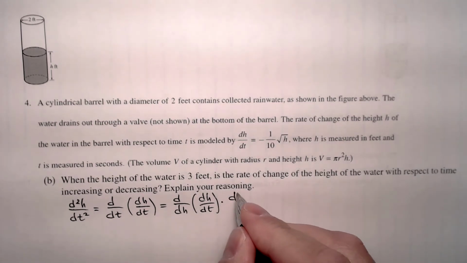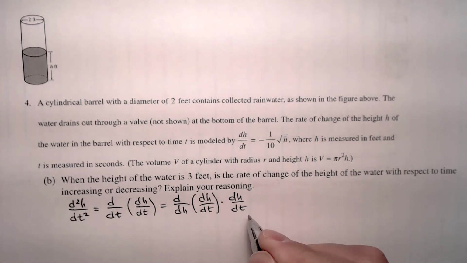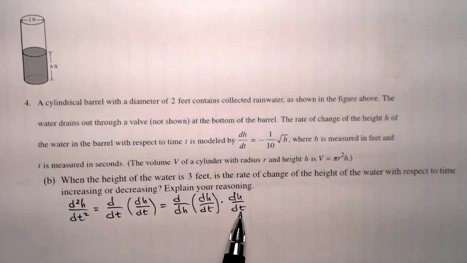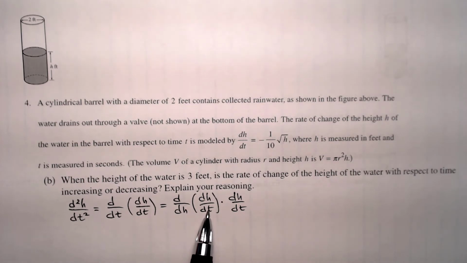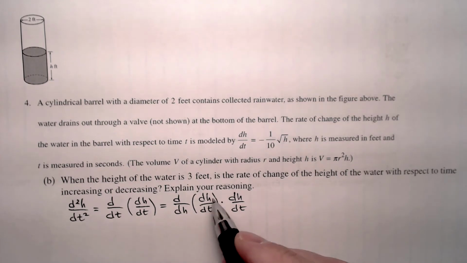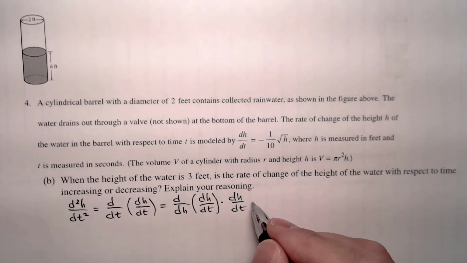Notice that these two functions are the same, but they just happen to be the same. This function is always dh over dt, and this function is usually f of h. It just happens that f of h is dh over dt, so don't get confused that these two are the same.